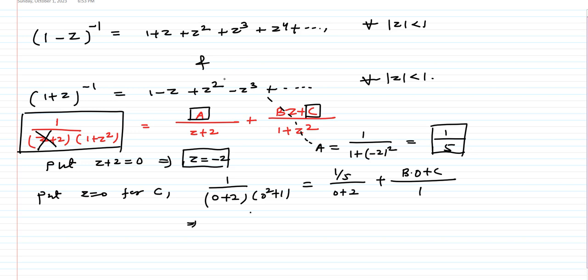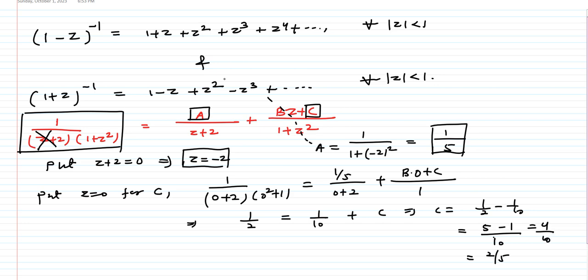So by solving we get 1 upon 2 equals 1 upon 10 plus c. So by solving we get the value of c, that is 1 by 2 negative 1 by 10. So LCM will be 10: 2 5s are 10, and 10 1 is 10, that is 5 minus 1, that is 4 by 10, and this value is equal to 2 by 5. So we get the value of c, that is 2 by 5.